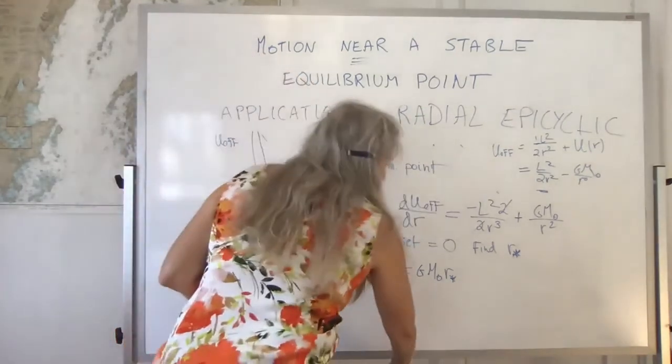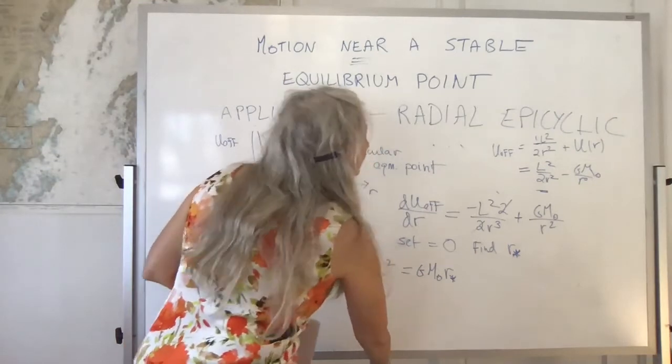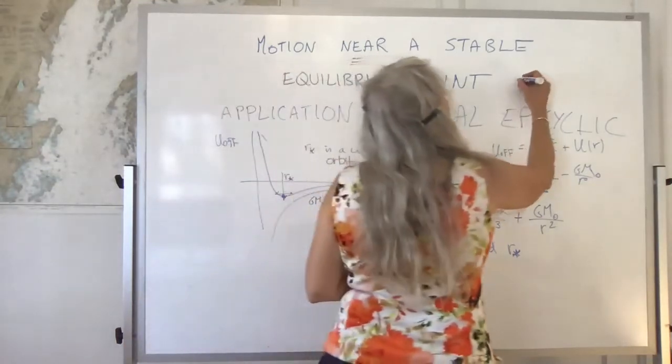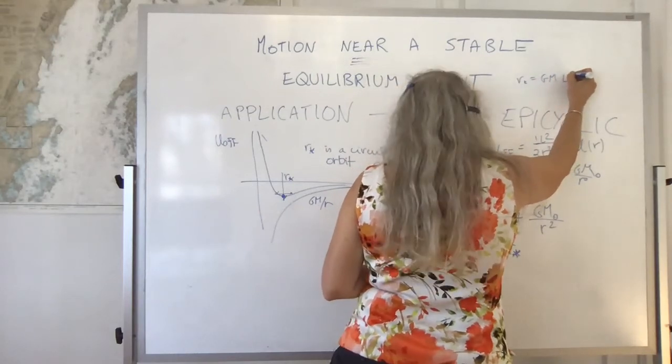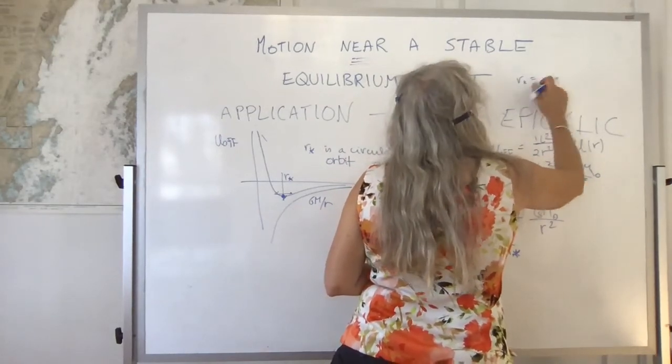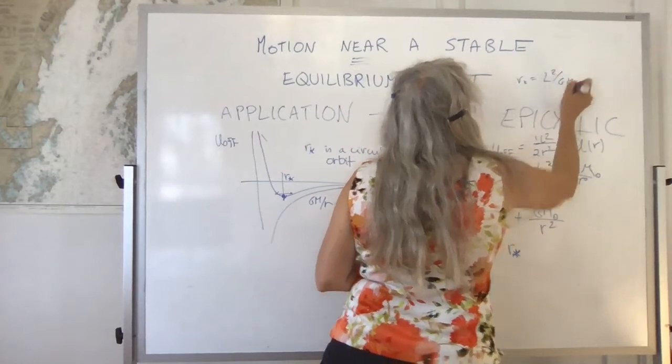Now we need to take the second derivative. Let's save this somewhere: L squared over GM.